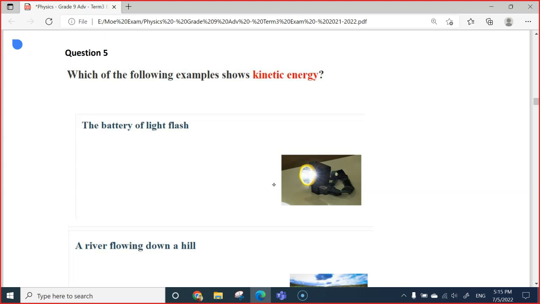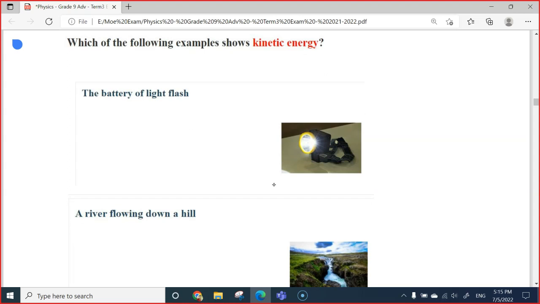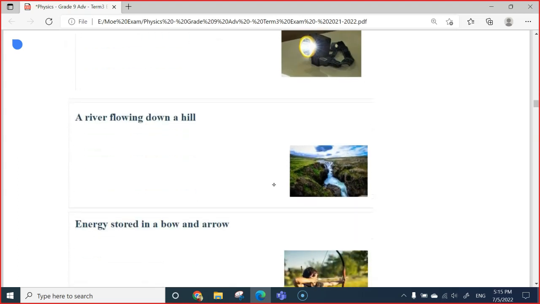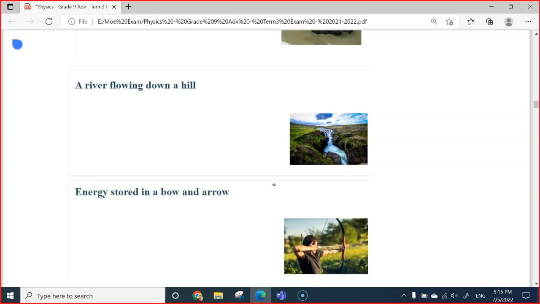Or we can say kinetic energy is the energy due to the motion of the object. The battery of a light flash: the light is not moving, so its kinetic energy is 0. If any object is at rest, its kinetic energy will be equal to 0. Only a moving object will have kinetic energy.